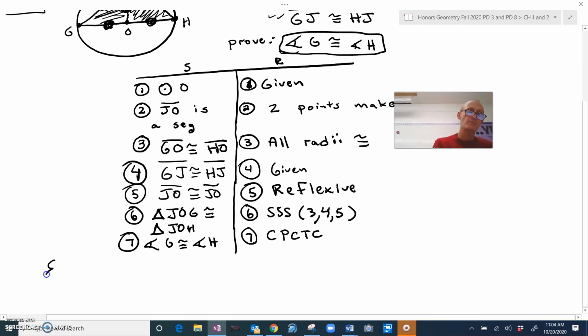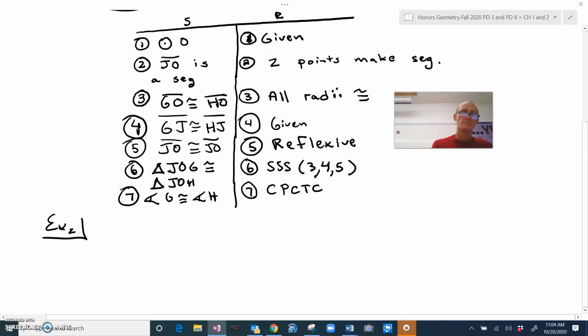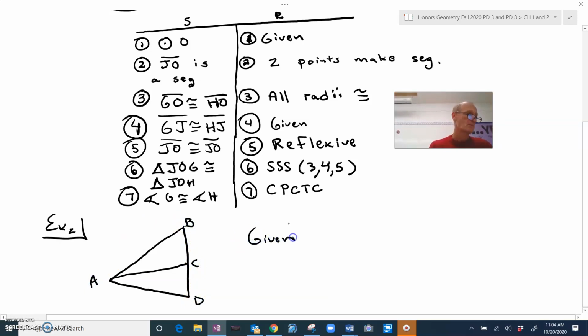All right, example 2. Looks like this. Okay, this is ABC, D. Given angle BAC is congruent to angle DAC.